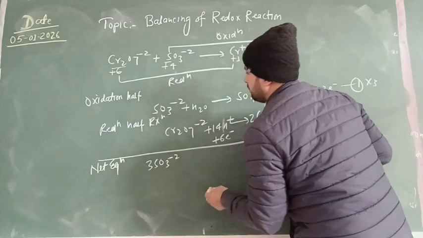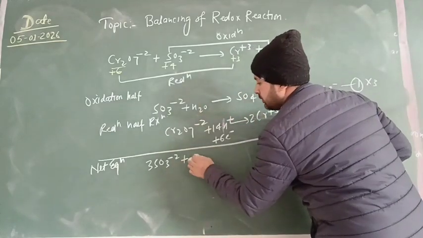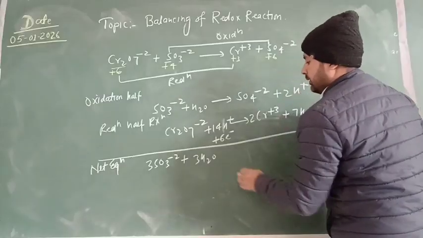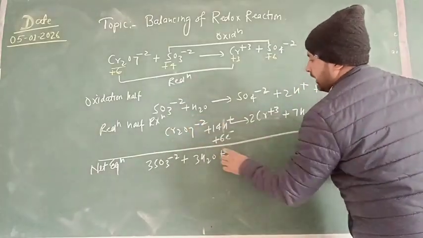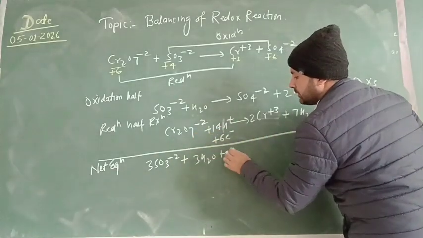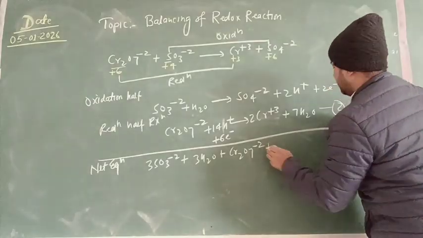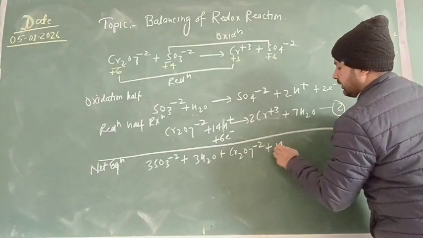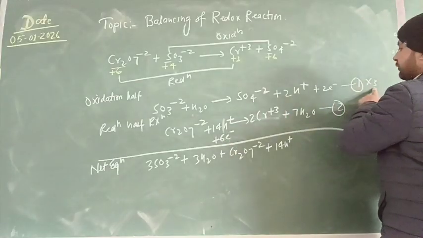3SO3 minus 2 plus 3H2O. This is the left portion of equation 1 and this is the left portion of equation 2. So we will again write the left portion: Cr2O7 minus 2 plus 14 H plus and 6 electrons after multiplying.